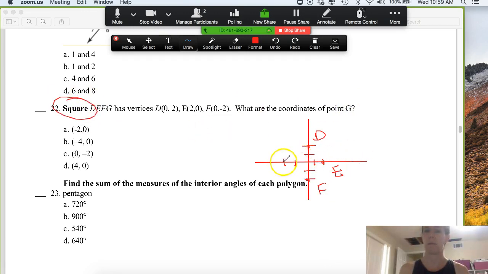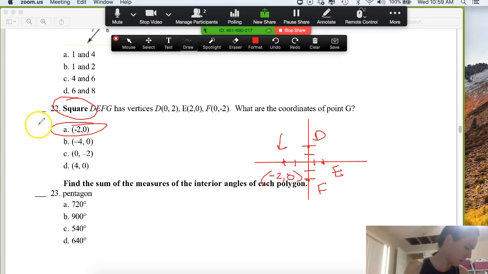Y will be 0, X will be negative 2. It's going to be negative 2, 0.